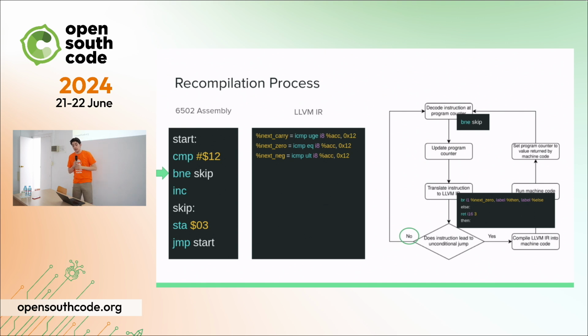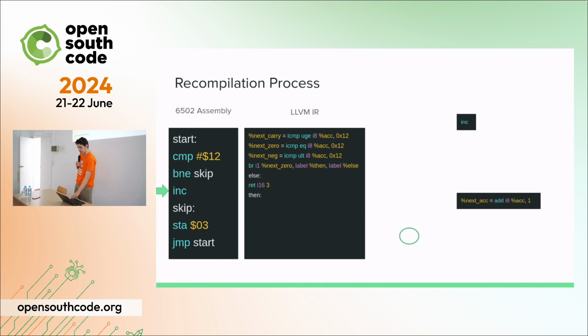So essentially, if we compare the previous value to 12, and the comparison says that the value was not equal to 12, we would be jumping to this store. And this store, assuming that our program is at address 0, which let's assume for now, is at address 3. So whenever our translated code hits that branch, we want it to return 3 because it's the address that the processor would jump to.